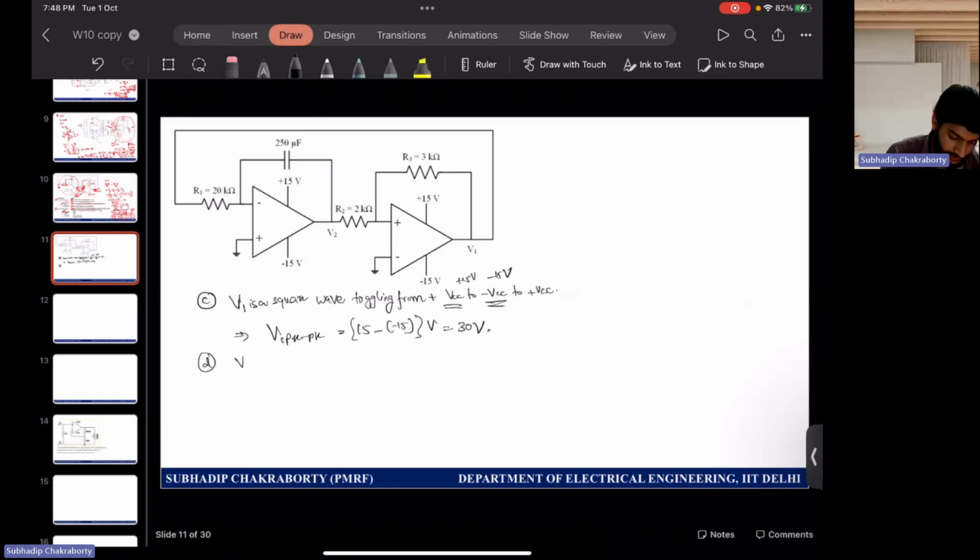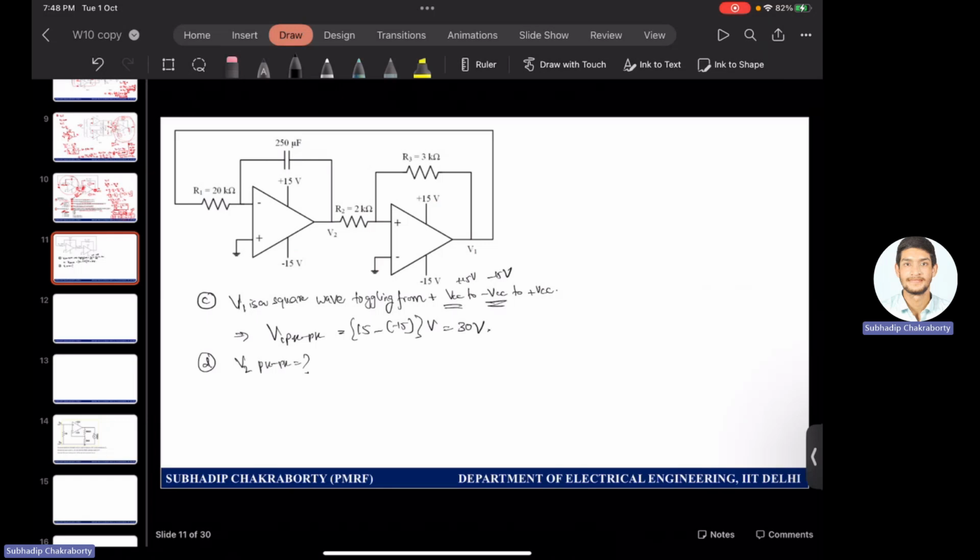And what can you comment about V2 peak to peak? Kindly think. V1 peak to peak was easy because it was a square wave toggling from plus VCC to minus VCC. So this is done.